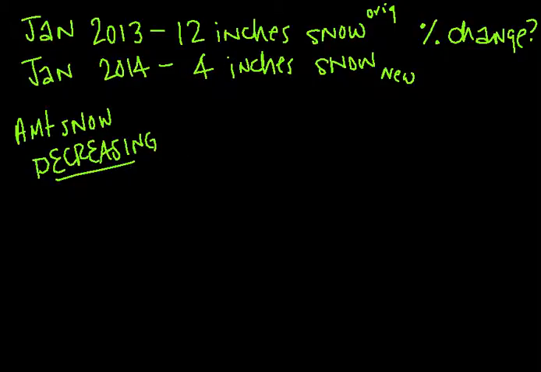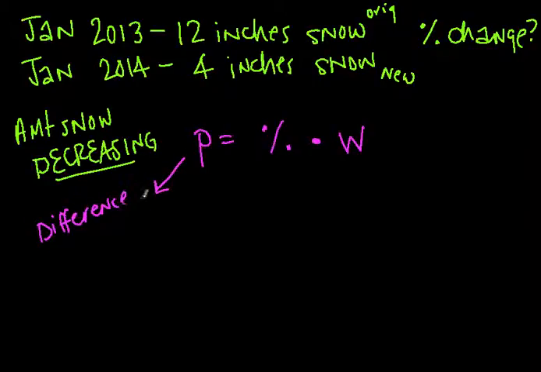The first thing we have to do is write our equation. Part equals percent times whole. Our part is always the difference between the original amount and the new amount. So if we originally had 12 and this year we have 4, that's an 8-inch difference. So we got 8 inches less snow this year than last year.